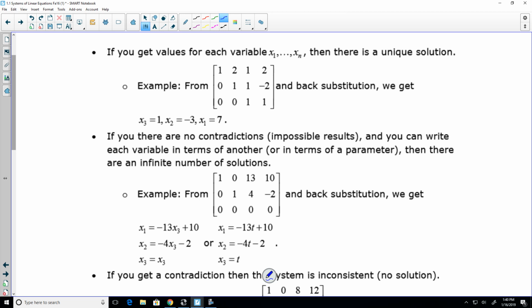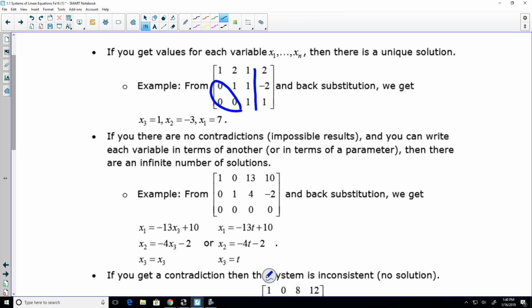If you get a single value for each variable, then you have a unique solution. In this example, we have the augmented matrix in triangular form, with the 1s on the main diagonal. It's set up perfectly. We back substitute, we can find the solution.